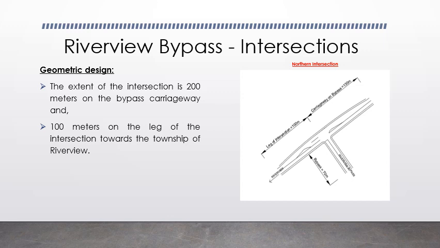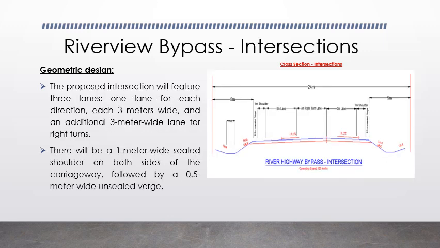The extent of the intersection is 200 meters on the bypass carriageway and 100 meters on the leg of the intersection towards the township of Riverview. This intersection will have 3 lanes, 1 lane for each direction, each 3 meters wide, and an additional 3 meter wide lane for the right turn.